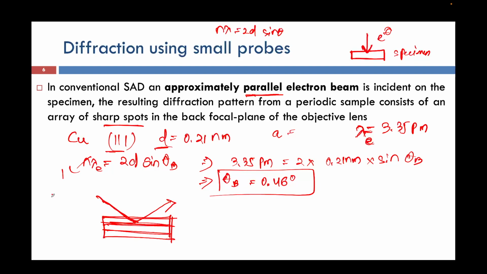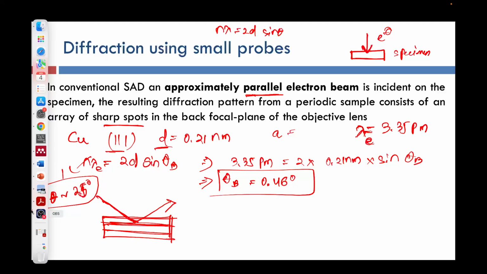Because the theta value was approximately a large angle, somewhere close to 25 degrees. That theta is the angle between the incident beam and my plane. So I was able to imagine my planes like this, with the incident beam at 25 degrees and similarly the reflection at 25 degrees.